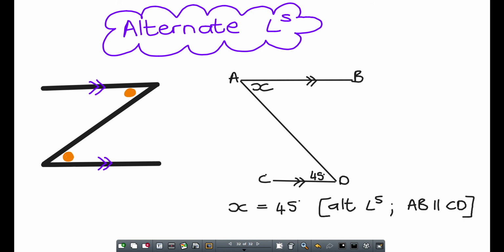Hands up, who's still copying? Done. Okay. You done? Okay, so just another example.